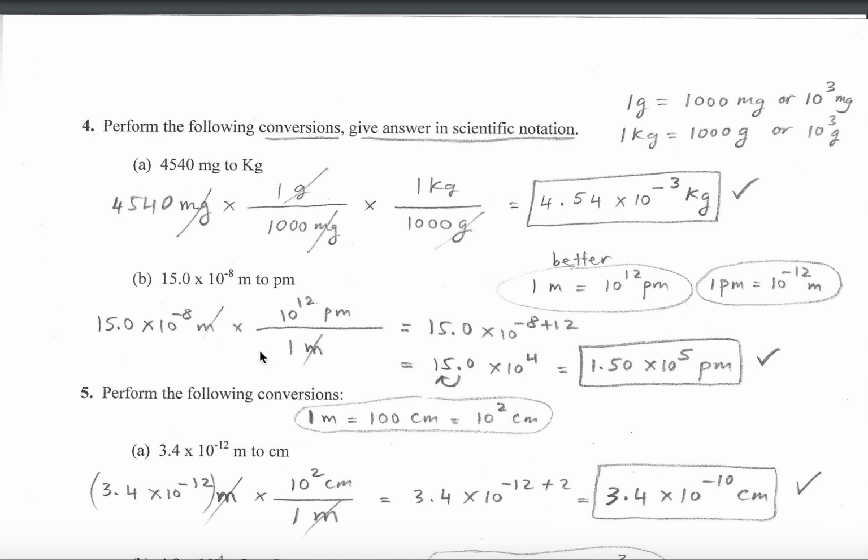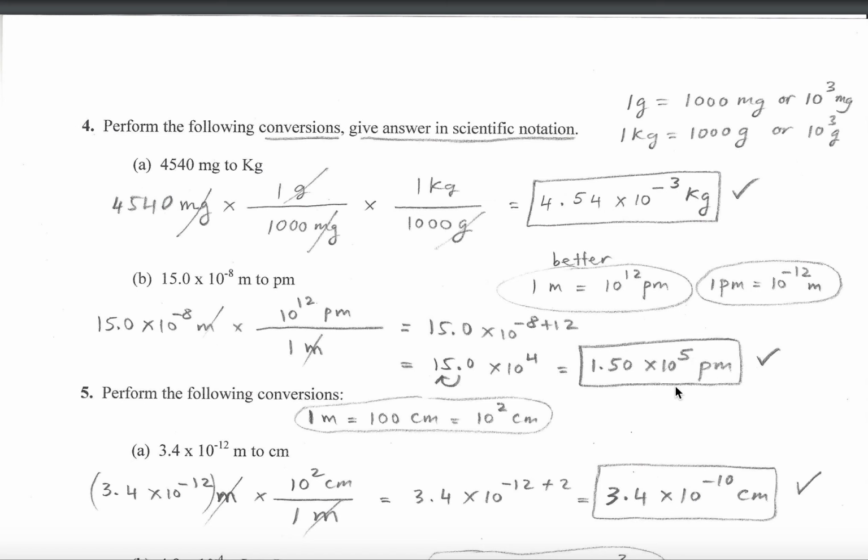But if you use a calculator, the calculator will take care of that. If you do it by hand like I did here, I take minus 8 and plus 12, because they're both on the top. Minus 8 plus 12 is 4, and 15 is 10 to the 1 power, so add another 1, that makes it 1.50 times 10 to the 5th power picometers.